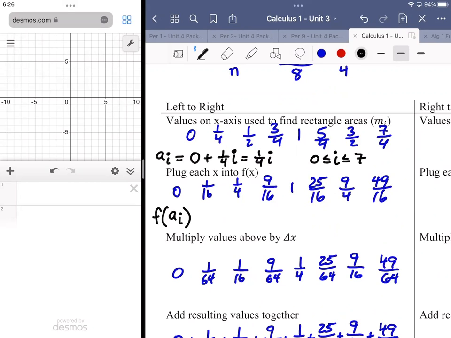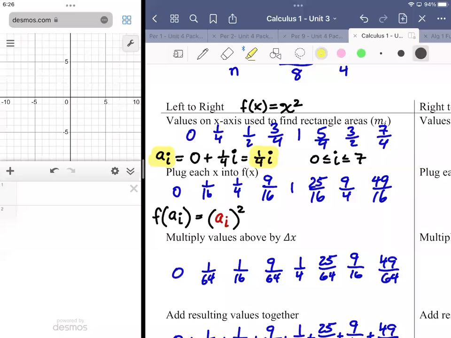We know f of x in this situation is x squared. So f of a sub I would be, instead of x squared, a sub I squared. But we have a rule for a sub I. We know that a sub I is equal to 1/4 I.